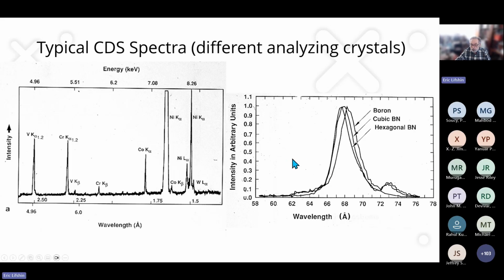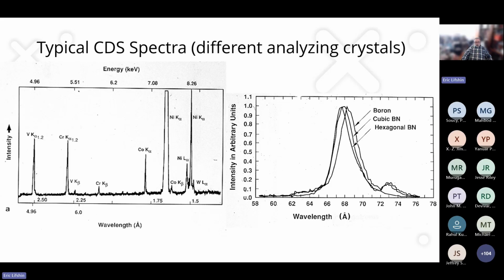Here's some work I did a long time ago, looking at the difference between cubic boron nitride and hexagonal boron nitride. This is a fairly long wavelength, which means these are quite low energy. What you see over here is a peak shift slightly and some additional peaks. You have to distinguish somewhat between core shell ionizations and ones which are at higher levels, where various orbitals start getting shared between different atoms.